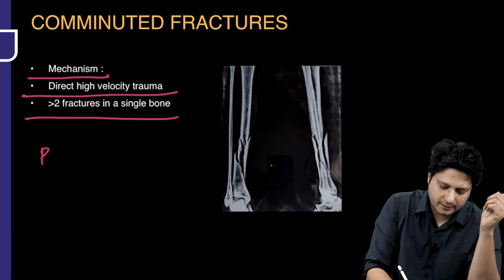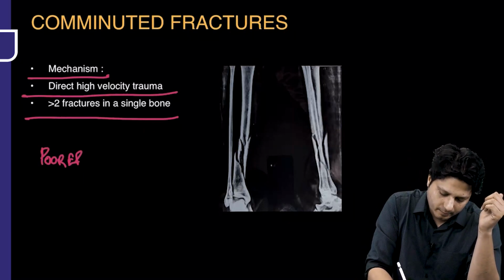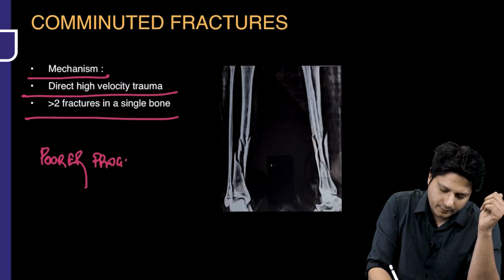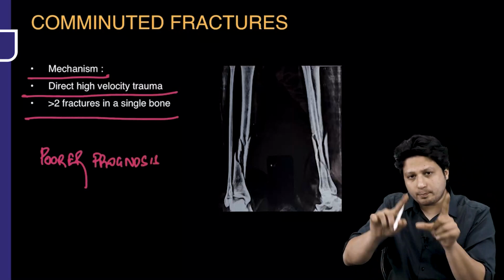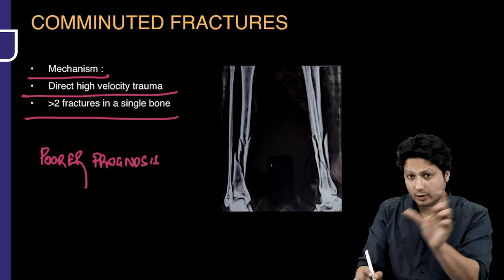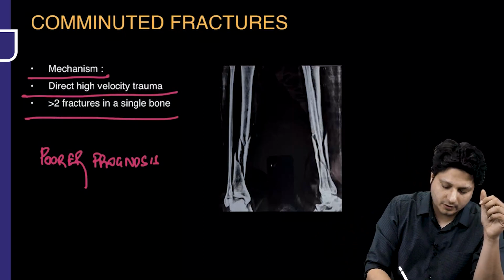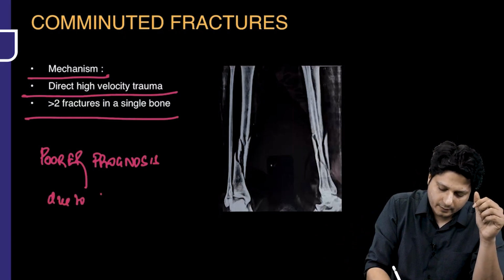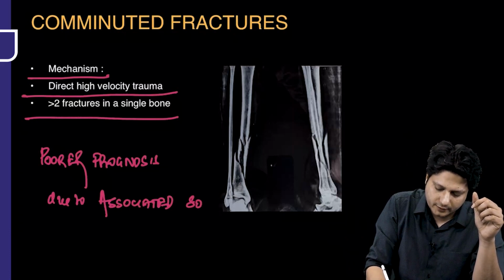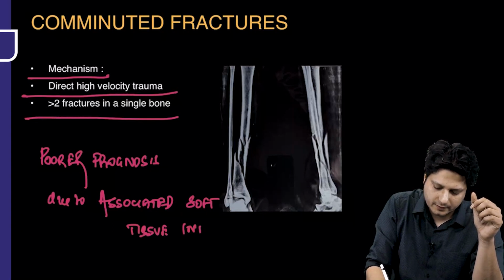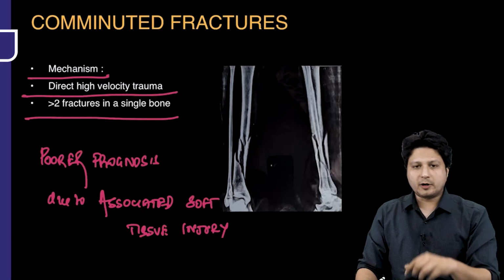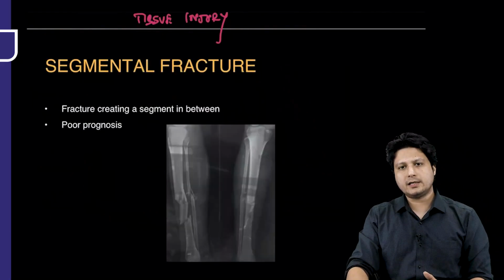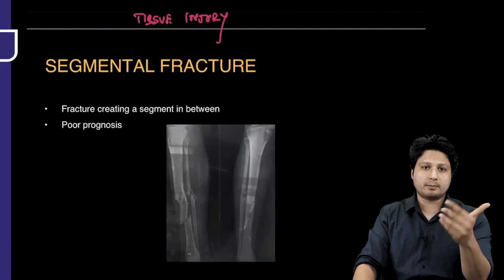So comminuted fractures have a poorer prognosis, not because of the pattern of the fracture, remember, but because of associated soft tissue injuries. Alright. So because of associated soft tissue injury, these are the fractures which are likely to have a poorer outcome or prognosis.